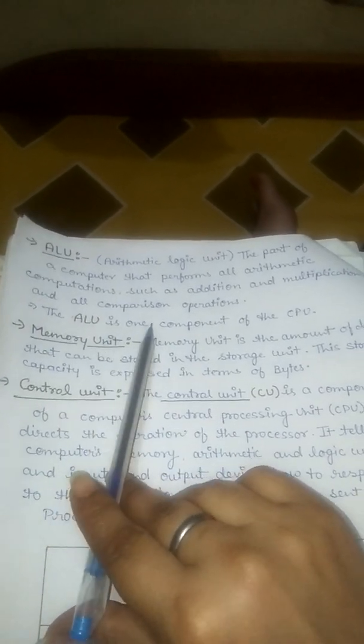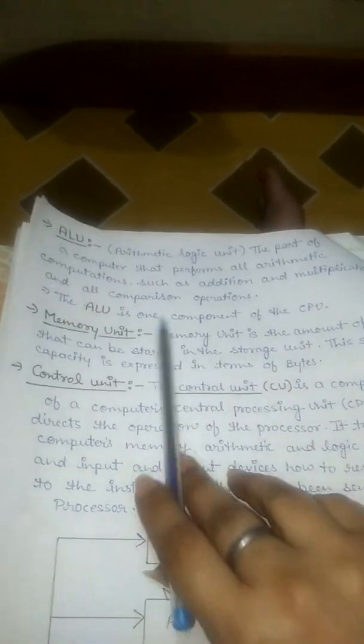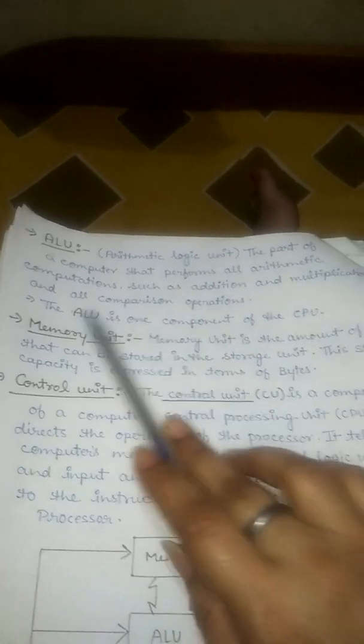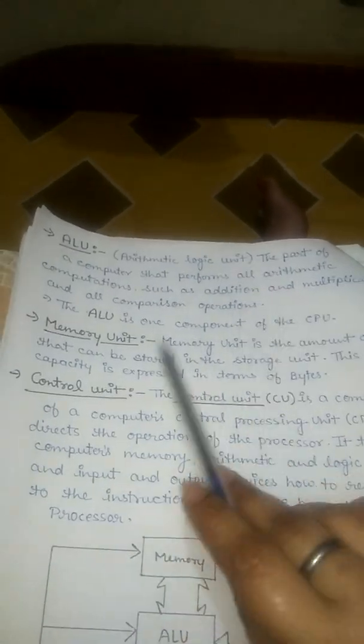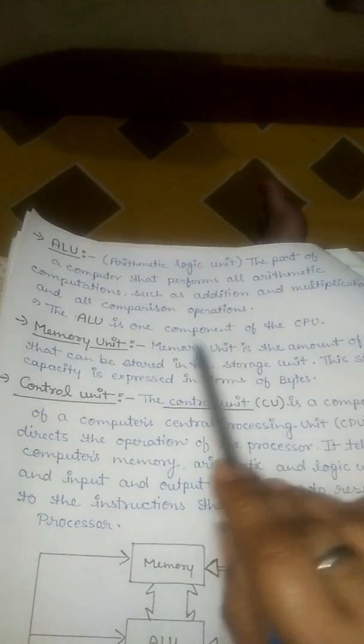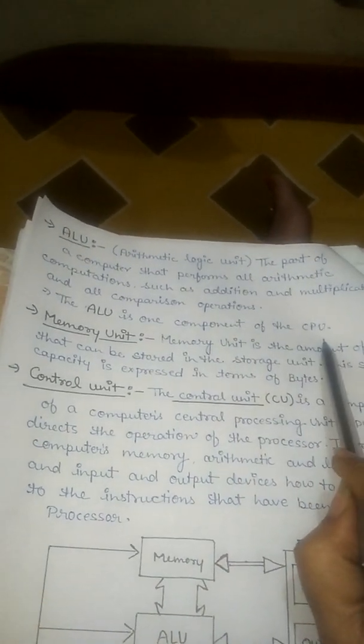So, got it? Arithmetic operations like addition, multiplication, subtraction, division, and comparison. And the ALU is one component of the CPU.